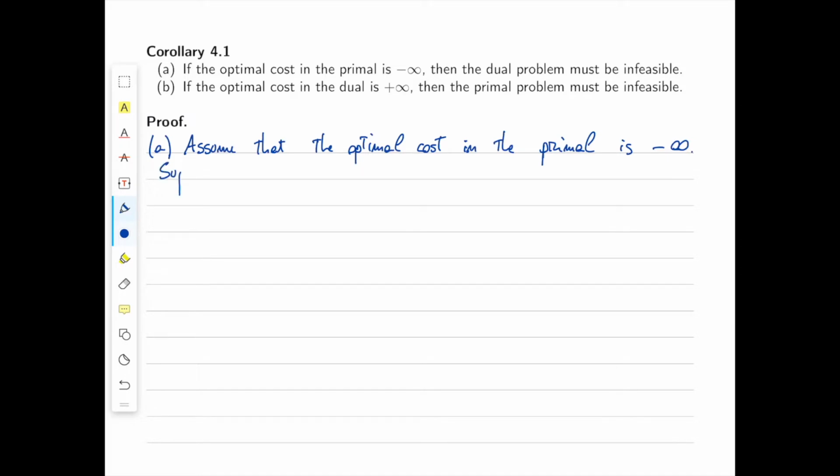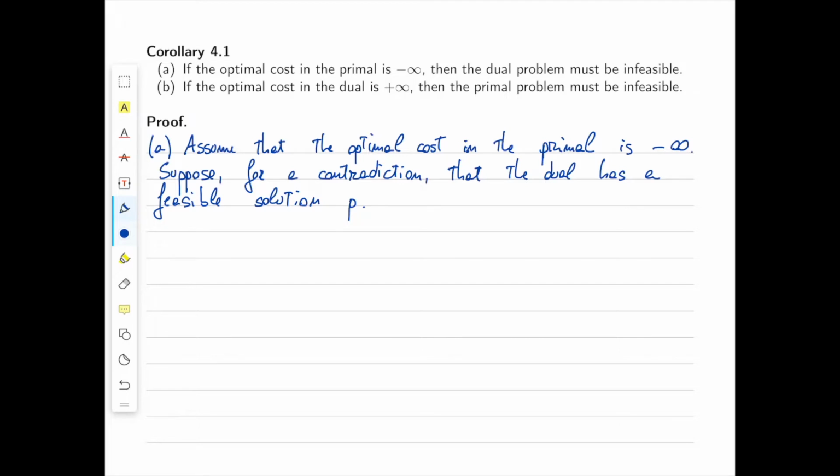So suppose, for a contradiction, that the dual has a feasible solution. Let's call it p. Now let's compare the costs of the primal with the cost of the dual.